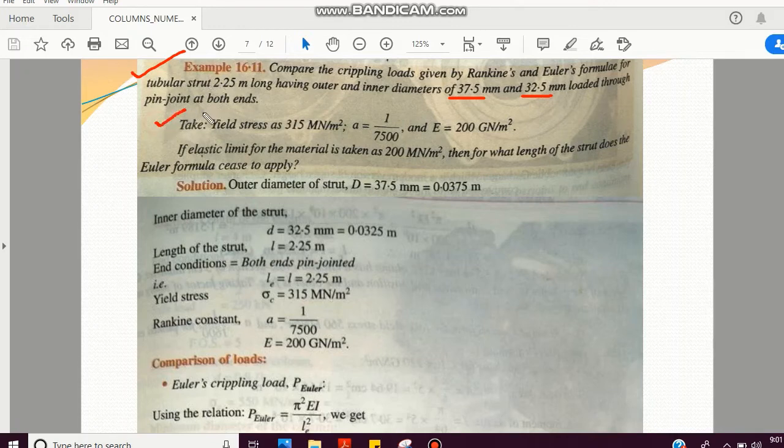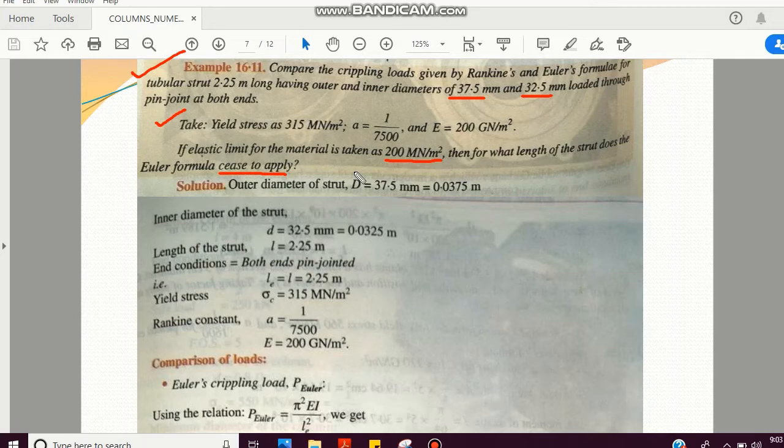Take yield stress as 315 meganewton per meter square, small a equals 1 by 7500, and capital E equals 200 giganewton per meter square. If the elastic limit for a material is taken as 200 meganewton per meter square, then for what length of the strut does the Euler's formula cease to apply?